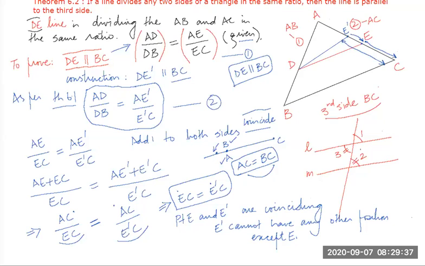So students, a little bit more explanation about this. Imagine if this is a triangle, students. Imagine there is one line DE. The triangle name is ABC.